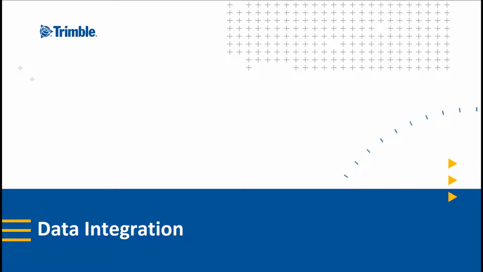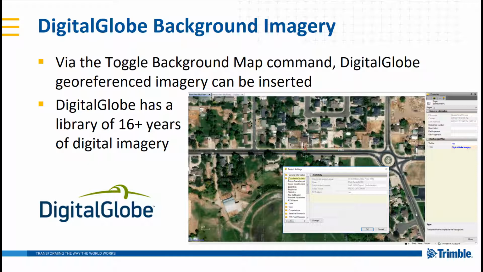All right, second pillar of data integration. We've incorporated the use of DigitalGlobe background imagery via the toggle background map command. You can insert this DigitalGlobe georeferenced imagery into your TBC project.